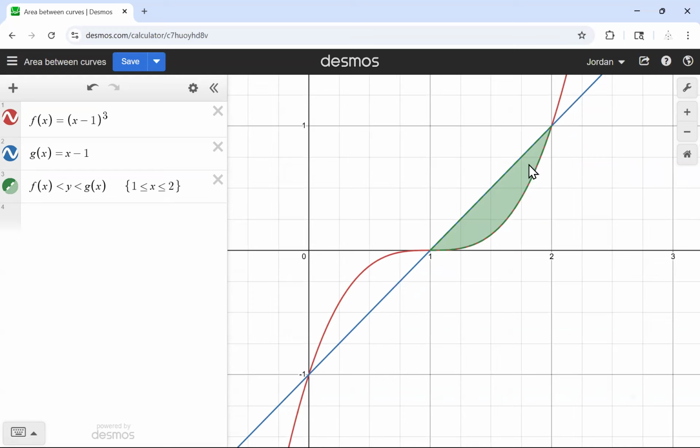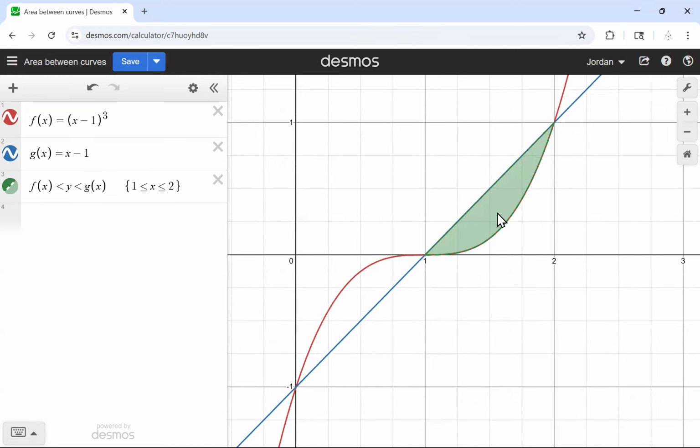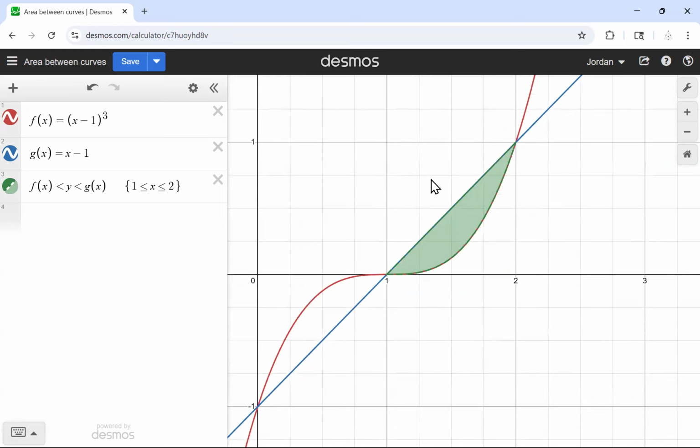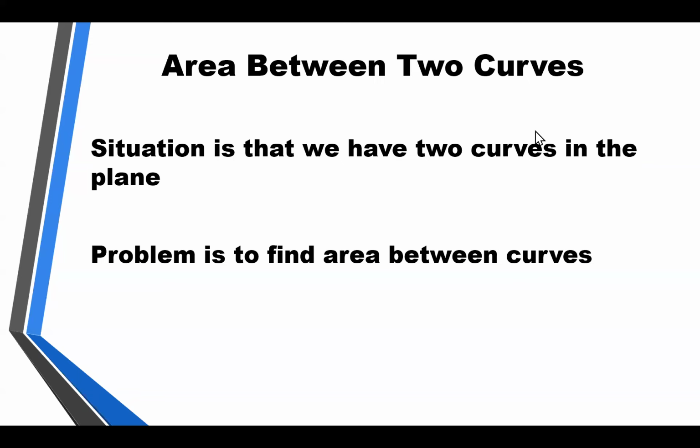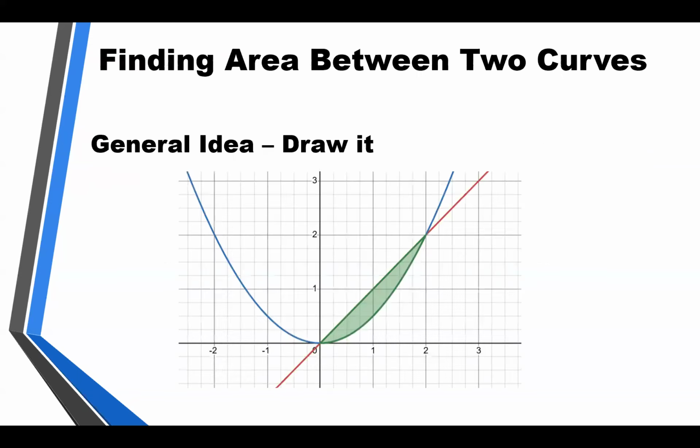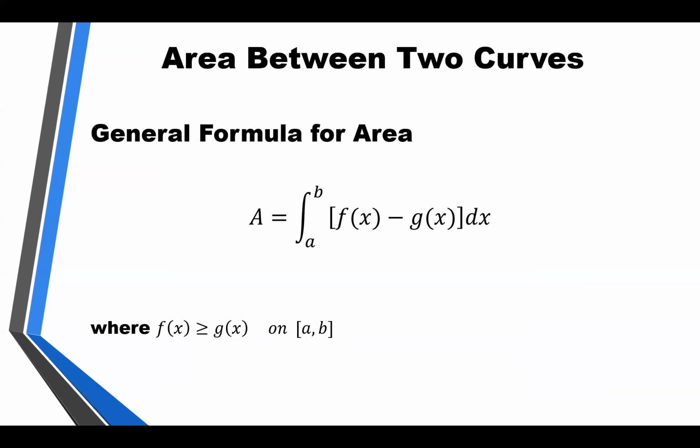But I'm only asked to find the one in the first quadrant, so it is this green one, and that green area is 0.25. This shaded area here is 0.25. So that is it for this section.